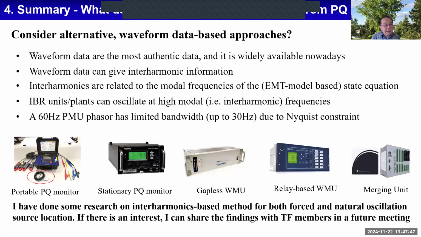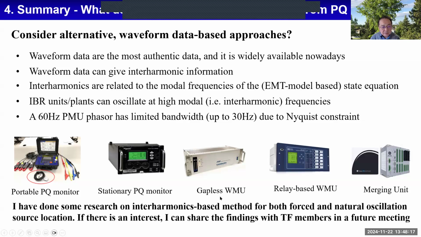The next question I would like to discuss: should we consider alternative waveform-based data approaches? First, waveform data are the most authentic data and are widely available nowadays. Those are some pictures of the waveform data monitors available, like this portable one that you can synchronize with the GPS signal. For example, in my lab, I have 3 of these going to the field to do measurements.